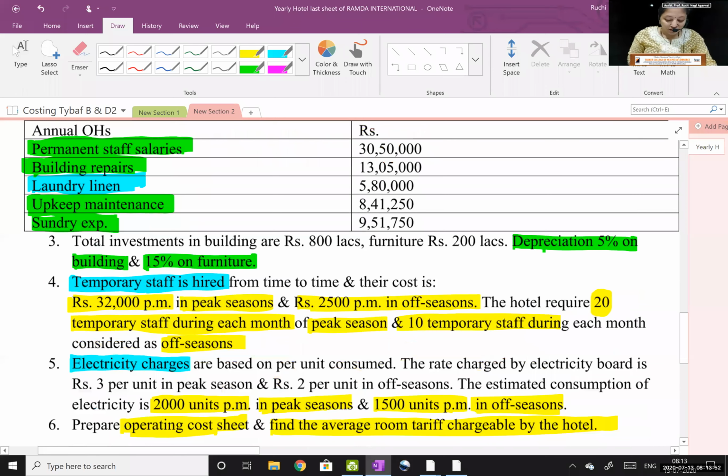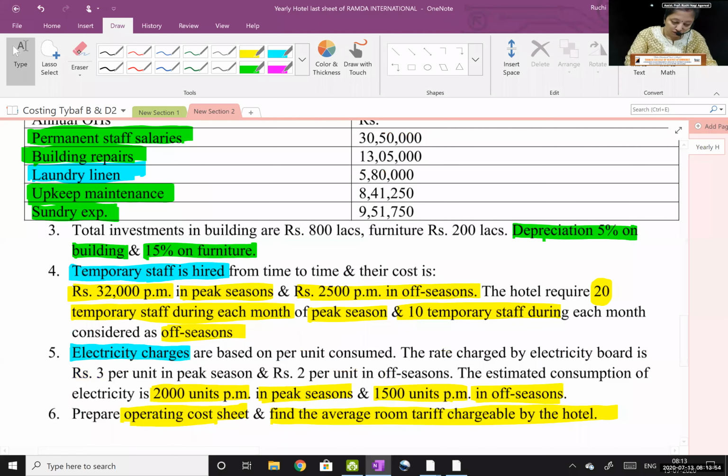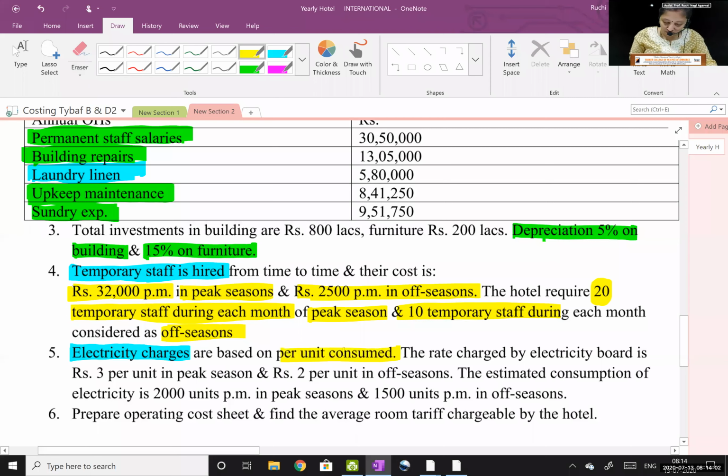Then electricity charges, it is depending on what? It is depending on my consumption, per units consumed. Per units consumed means it is dependent on my room occupancy. The more the rooms are occupied, the more electricity will be consumed, and that's why it's going to be a variable cost.